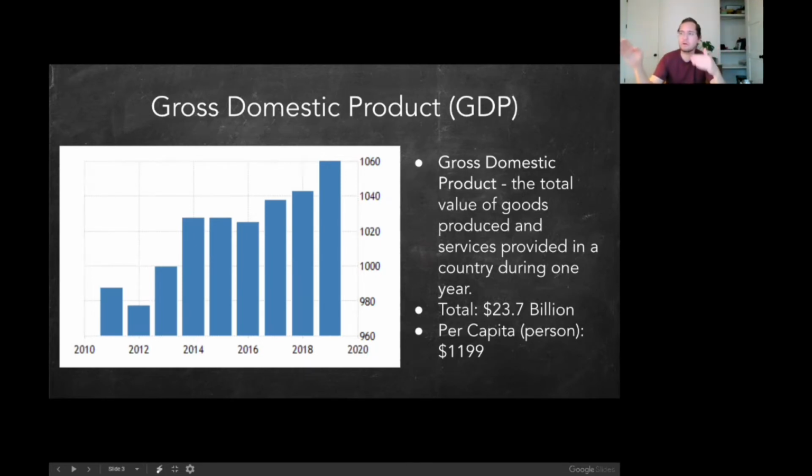The total in Malawi on average in a year is $23.7 billion. That may sound like a lot. But then here you go, per capita means per person. On average, a person in Malawi makes a total of $1,199 per year.